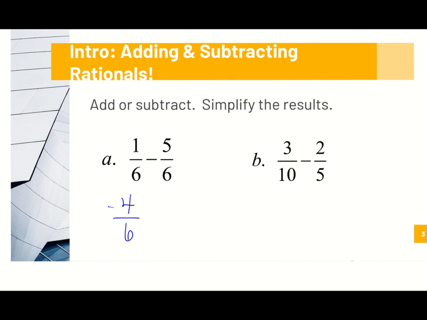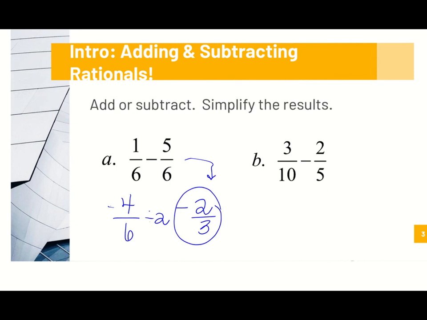Now, once I subtract, I always need to make sure it's simplified. And in this case, it's not simplified because 4 and 6 have a common term of 2. So I can divide out a 2 to get a simplified fraction of negative 2/3. So this subtracted would result in the answer of negative 2/3.